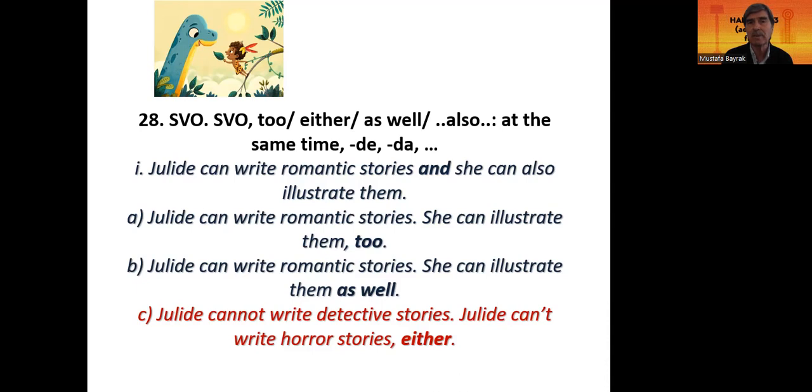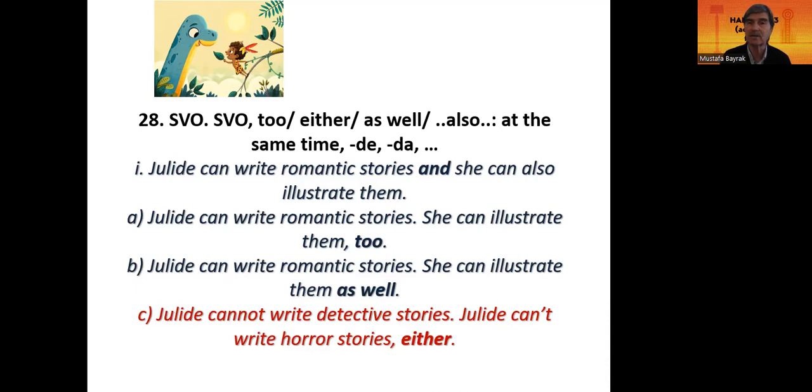Now it's time to acquire it in compound sentences. For example, Jülide can write romantic stories, okay? And she can also illustrate them. Jülide can write romantic stories, she can illustrate them too.